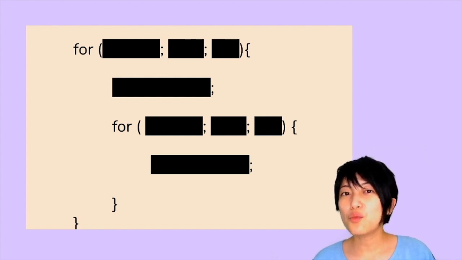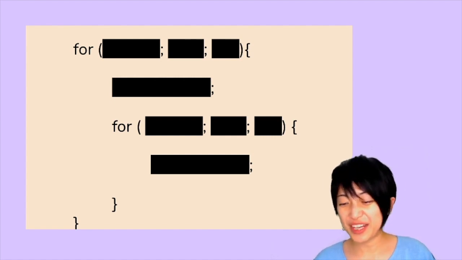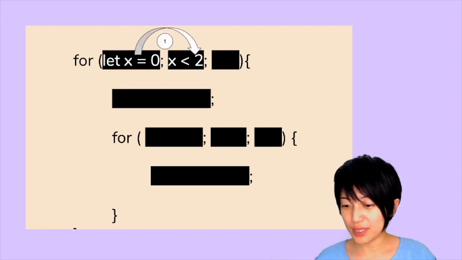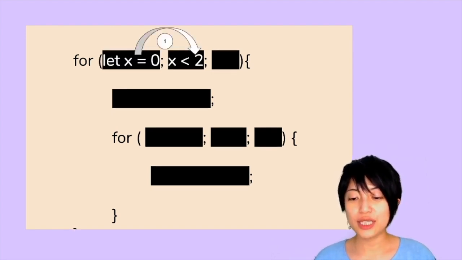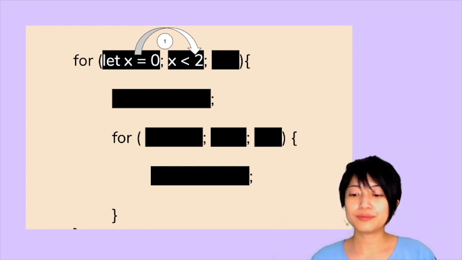So I'm going to walk you through it step by step through a pretty complex diagram. I hope you're ready. The first step is actually starting with the first for loop.